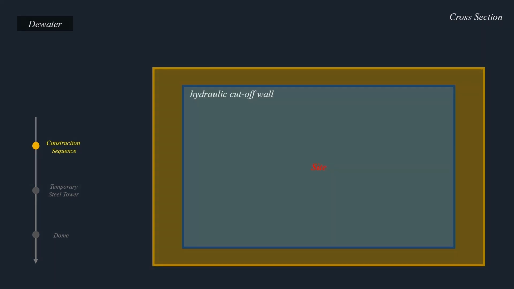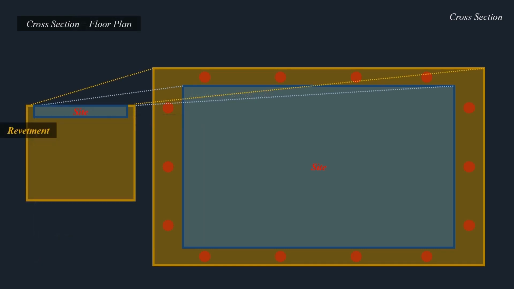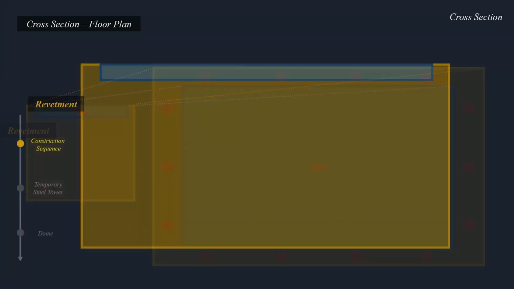Of course, it's in contact with water, so it's a hydraulic barrier. A deep well point has been installed to remove moisture. If we look at these in cross-section, we can see how they respond to the site.